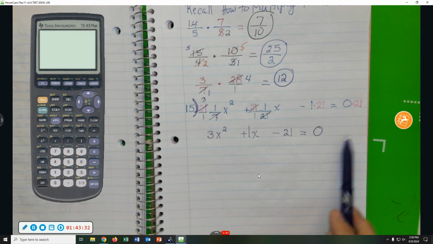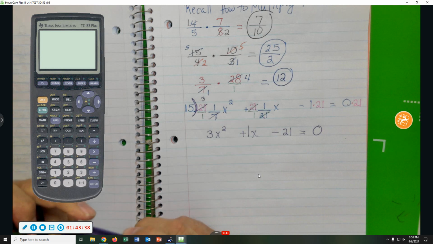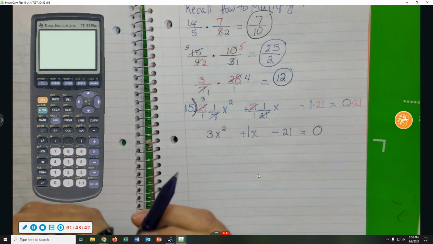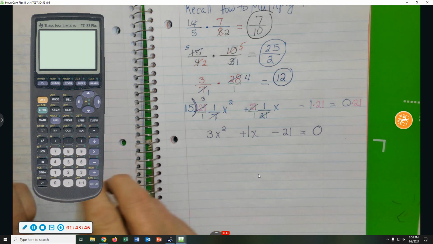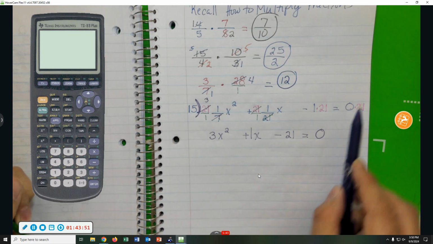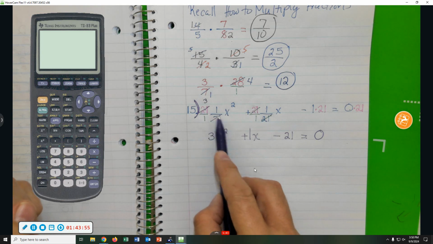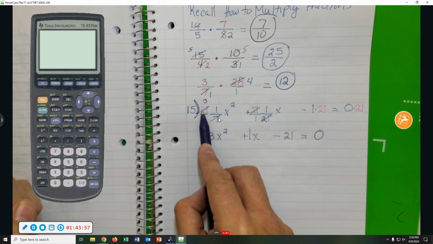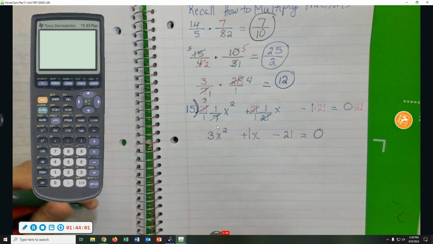I think this one's going to be the easier one to use the quadratic formula on. Yes. So you found the least common multiple of the 2 denominators, which is 21, and then you multiplied that least common multiple by the numerator, and then you simplified it. Is that correct? Yes, you multiply straight through, and the denominators will all cross cancel with that least common multiple.